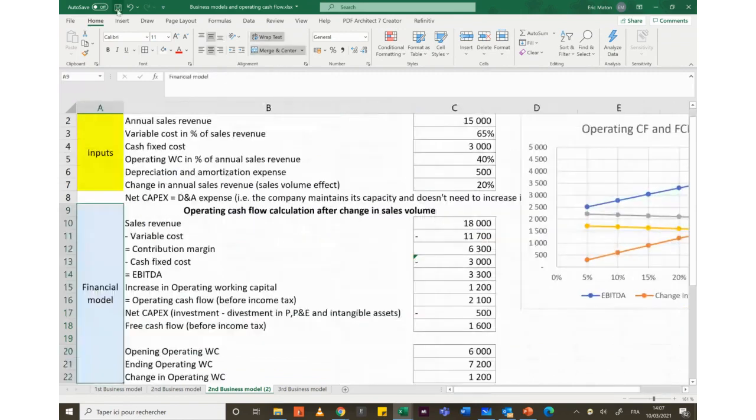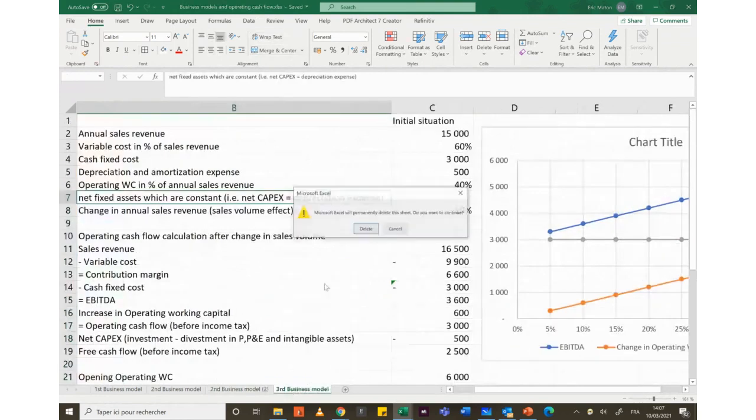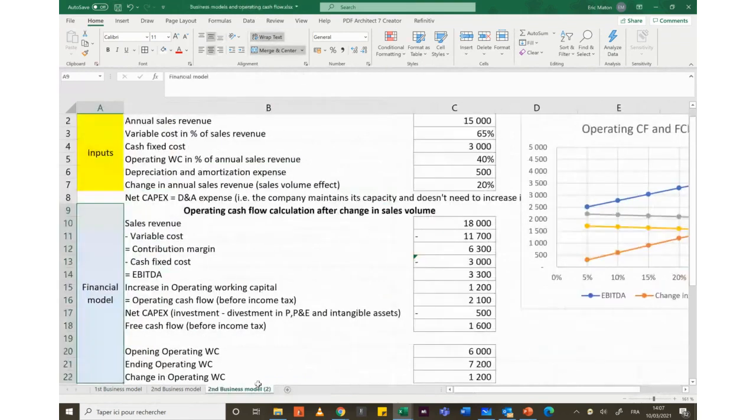Okay, I finished the stream model, I modify, and I will put the comment after. So we do the correction.